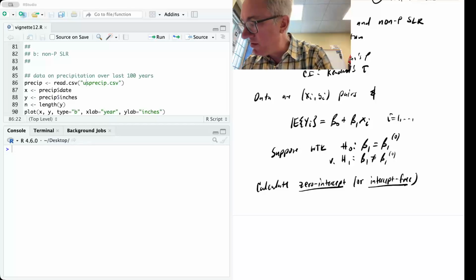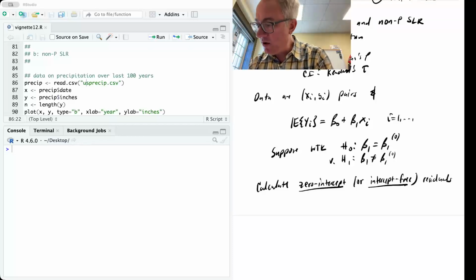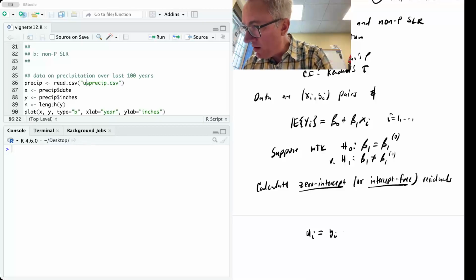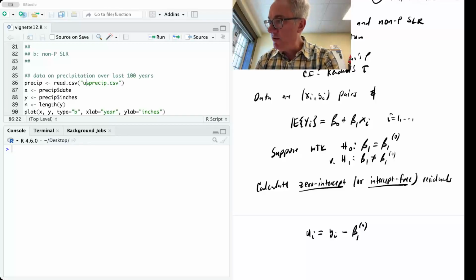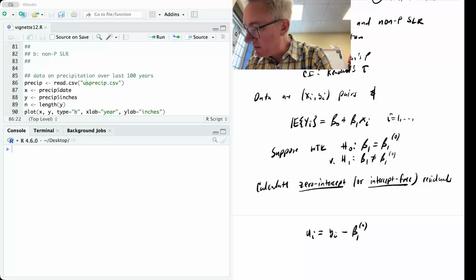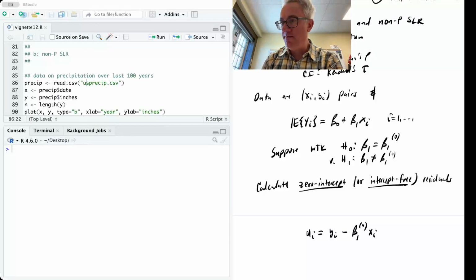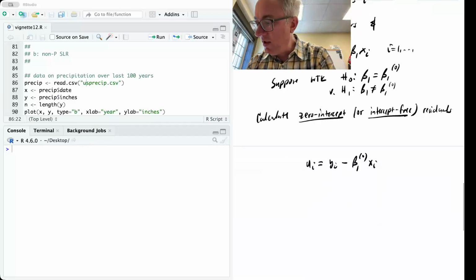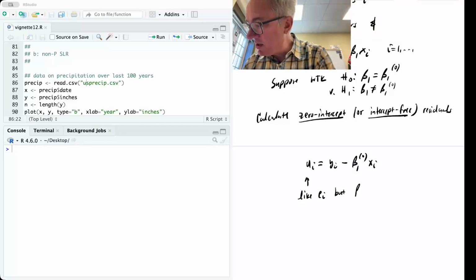Calculate these zero intercept residuals. So those are u_i equals y_i minus whatever you choose for your slope under the null hypothesis times x_i. So these are a lot like the residuals from chapter 7, but an intercept is not involved.